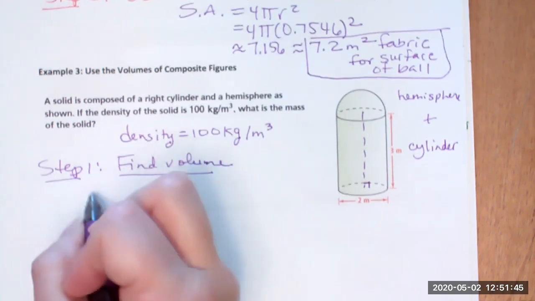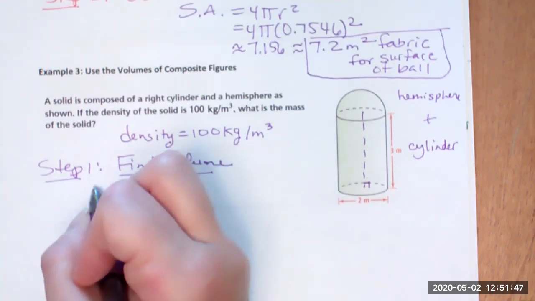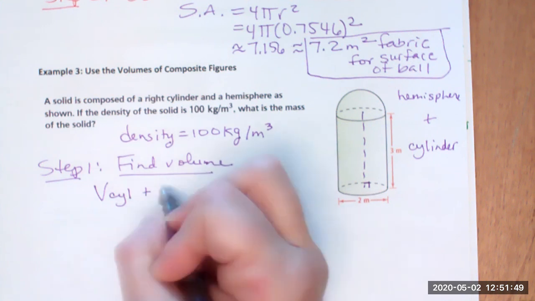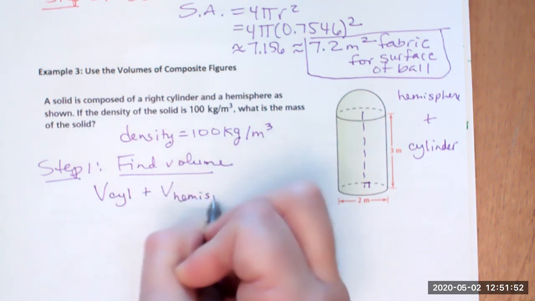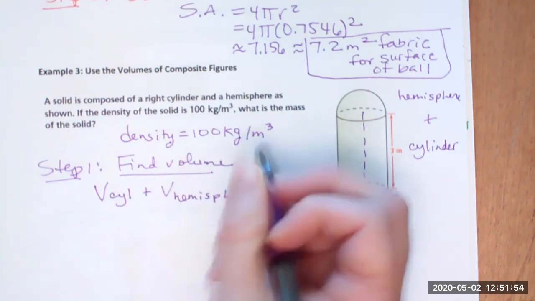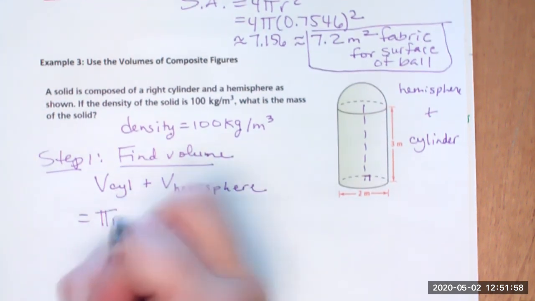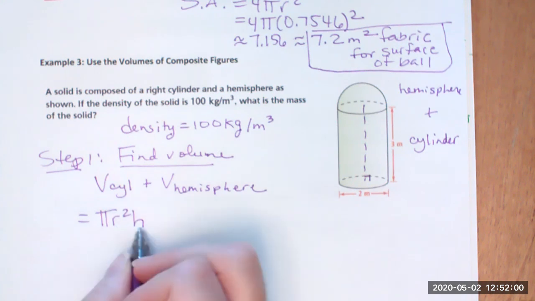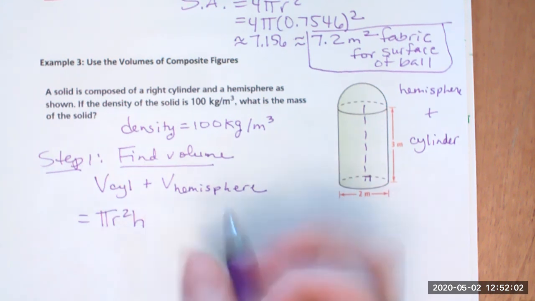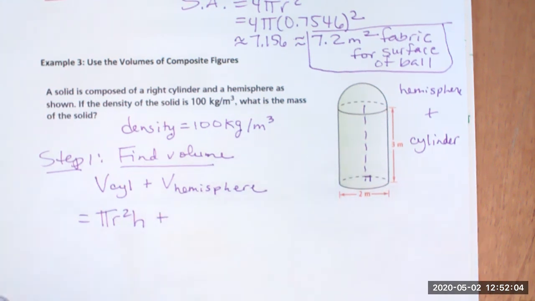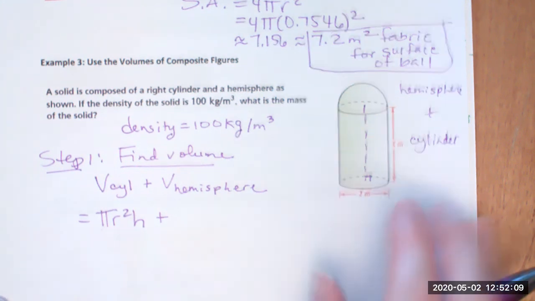The volume of the composite figure is the volume of the cylinder plus the volume of the hemisphere. The volume of the cylinder is, of course, pi r squared h, the area of the base times the height. For the volume of the hemisphere, remember we came up with the formula by taking half of the volume of a sphere.